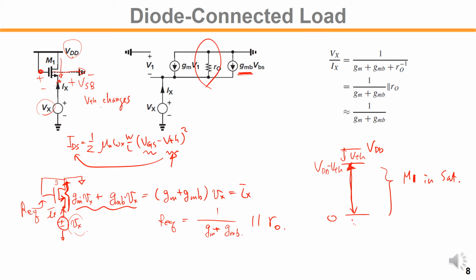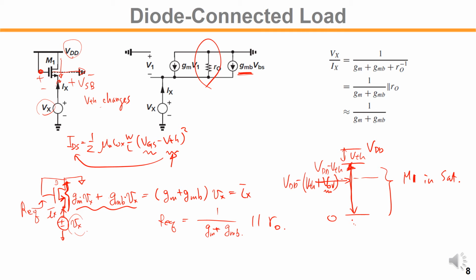So this is the range of the Vx in the typical large signal sense. Usually at the bias level, if your circuit is biased at that level, it will be VDD minus VTH plus the overdrive voltage.